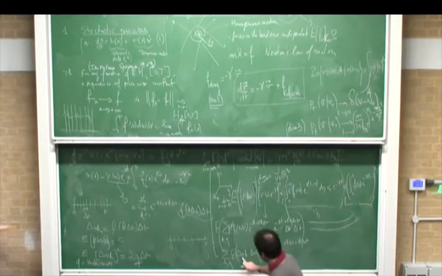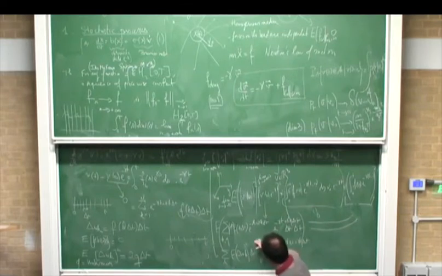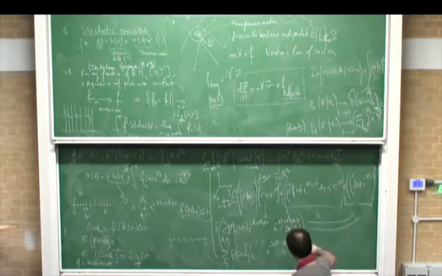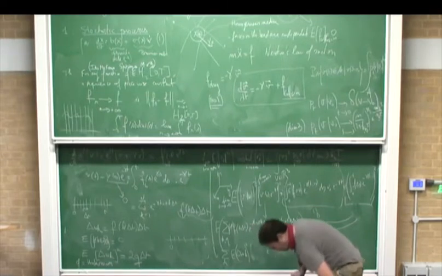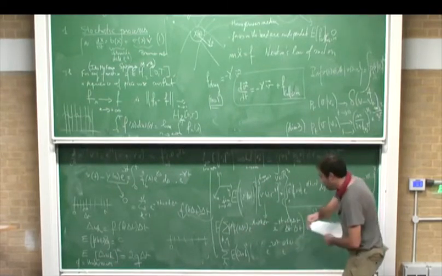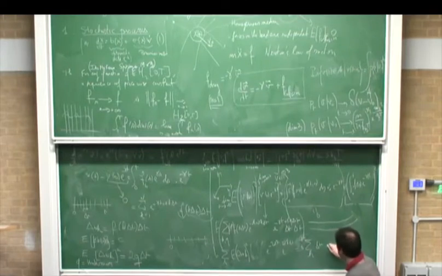And now this is 0 by definition, except when k equals q. So I can put it here, square, k equals q, which means twice here. And this is simply delta t, the sum of exponential minus 2 gamma t, exponential 2 gamma k delta t.